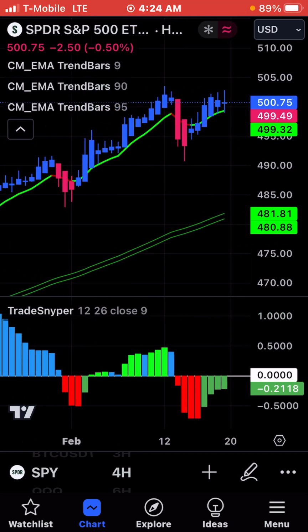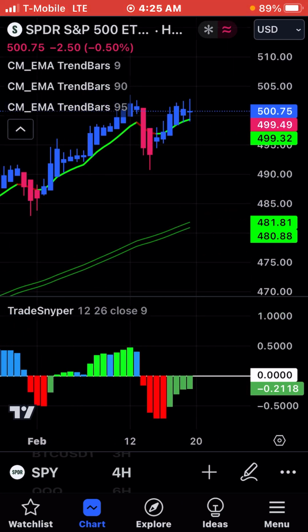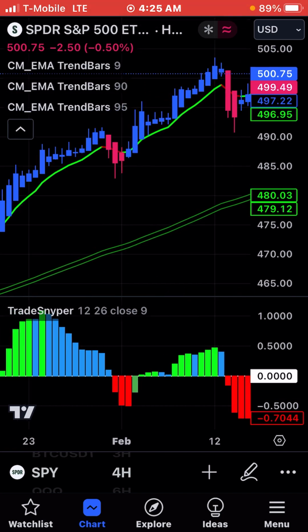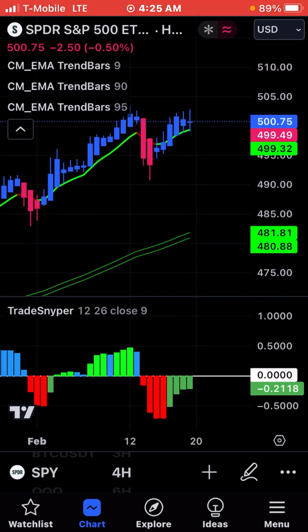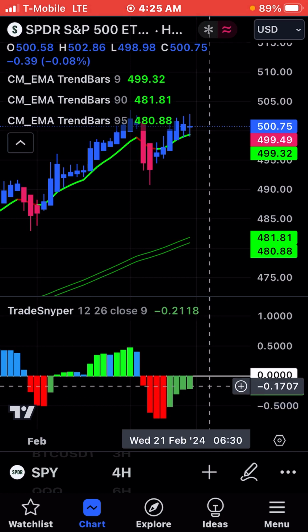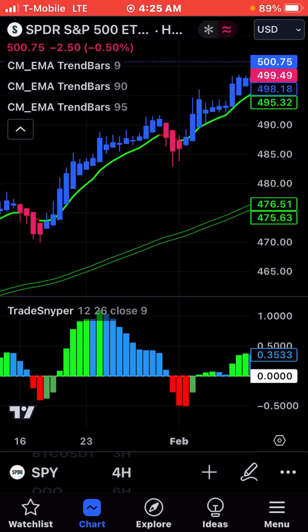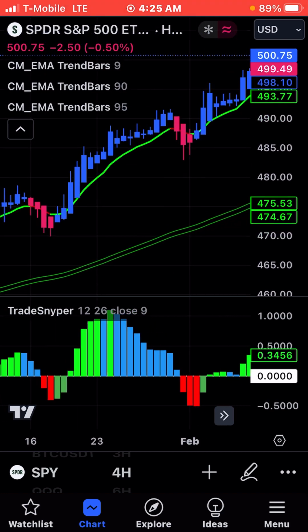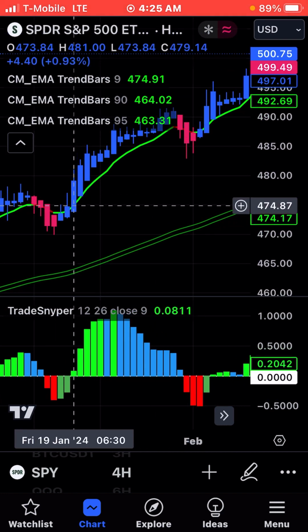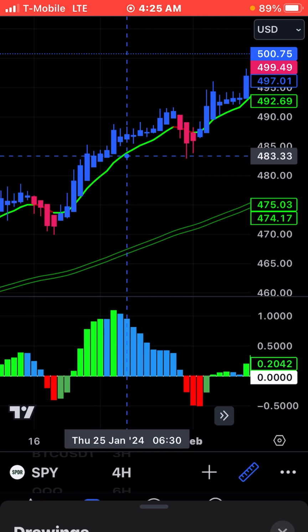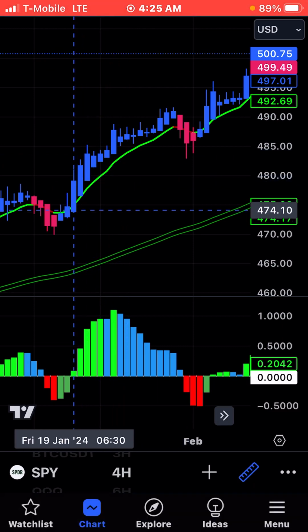SPY kind of looks like it might start going back up again, so keep your eye out for that. It might look like it's crossing on the MACD pretty soon. So we know the direction's going up, so you focus on all these moments. You get in right here and you write it out.